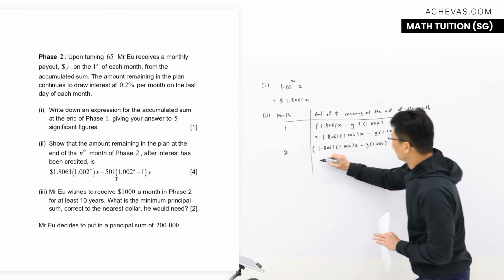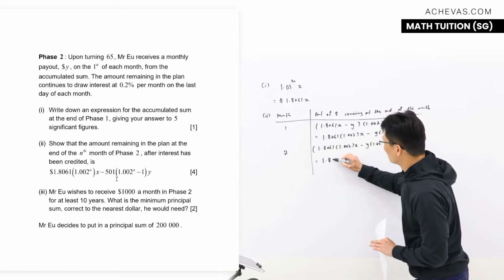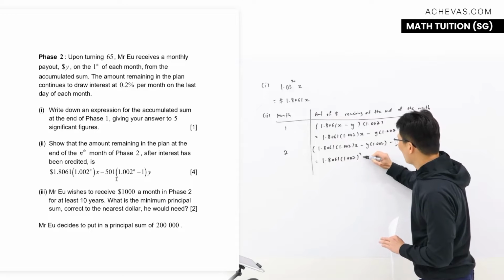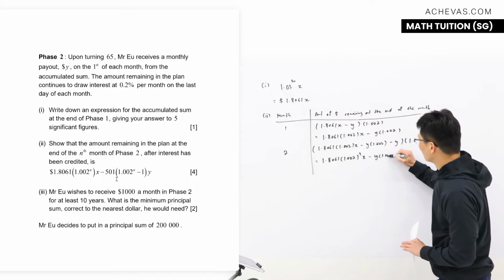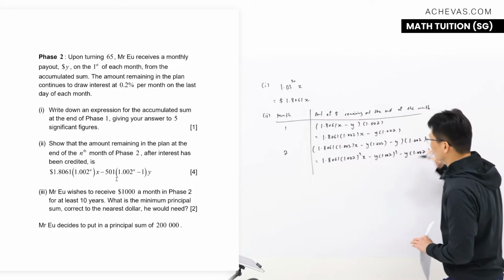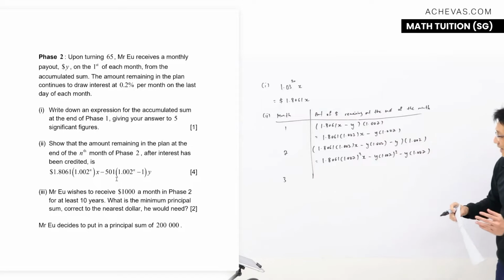And I will just multiply this 1.002 inside here. I get 1.8061 times 1.002 squared X minus Y times 1.002 squared minus Y times 1.002. And usually by here I can already identify the pattern.